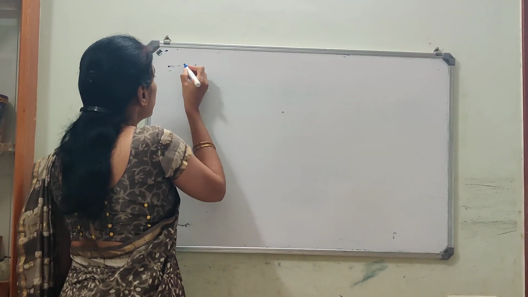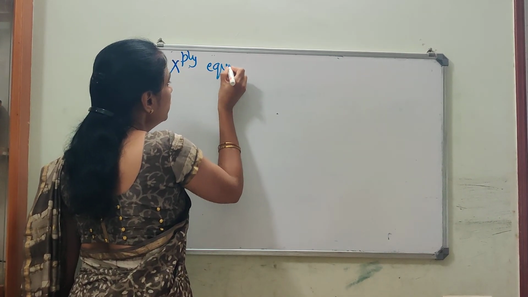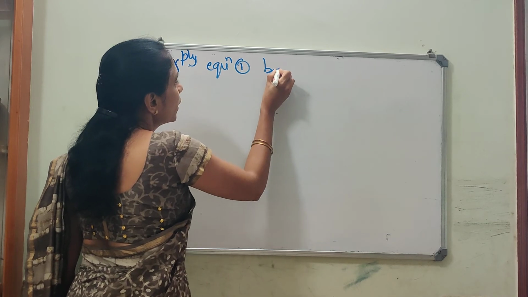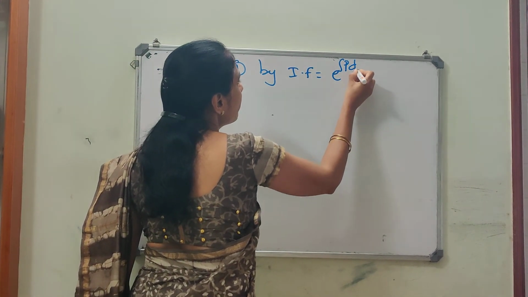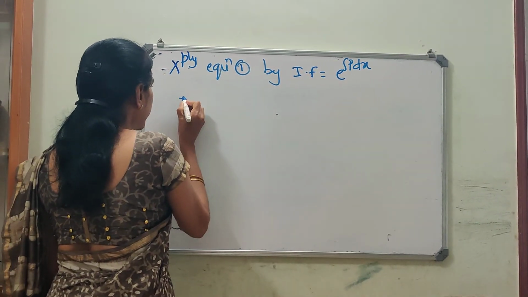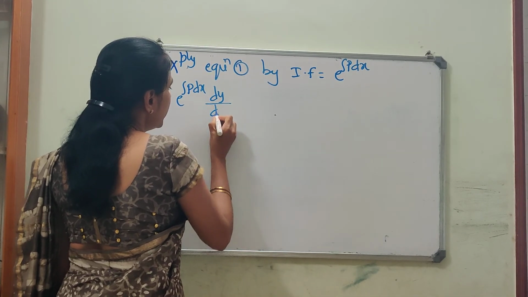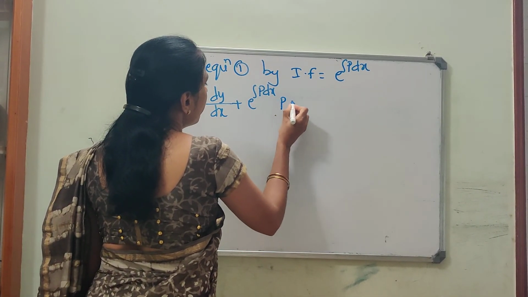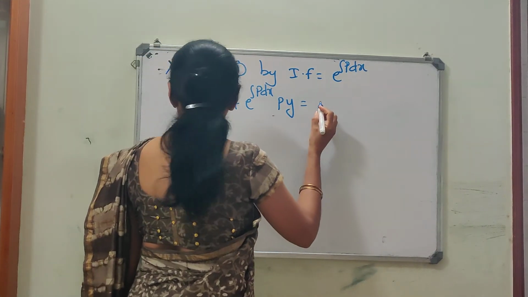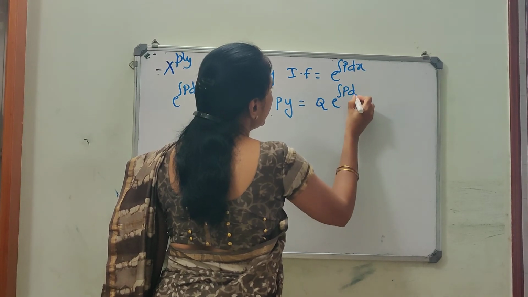So now what we do is multiply equation 1 by the integrating factor, which is e to the power integration p dx. So what do I get? E to the power integration p dx dy by dx plus e to the power integration p dx py is equal to q e to the power integration p dx.